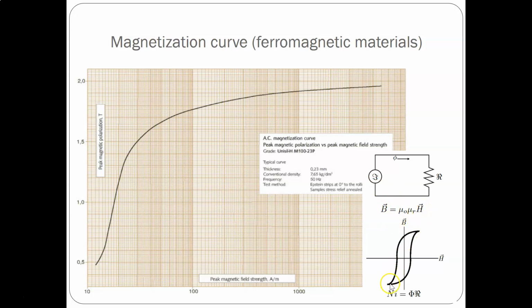Here you can typically see this magnetization curve, where it follows different paths depending on whether it is excited or de-excited. Now the voltage is the MMF, the F symbol here, and the current is the flux in Weber, and of course R is the reluctance, the ohmic value in the electrical circuit.